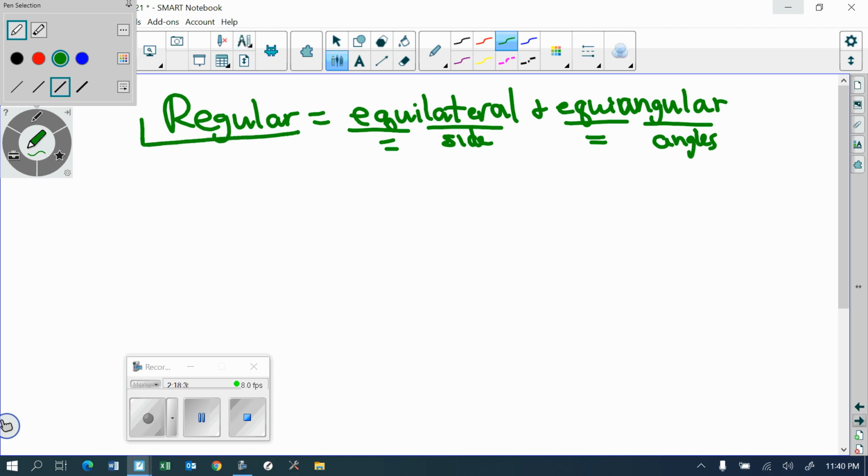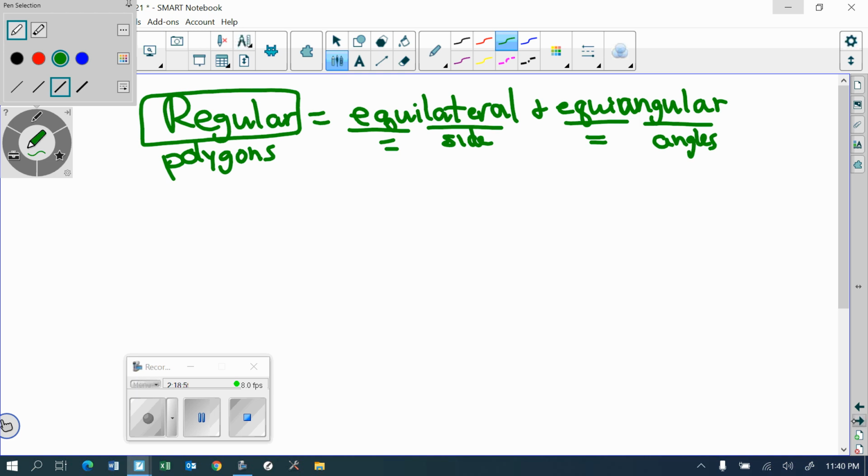So regular, we're talking about regular polygons. It's always dealing with polygons. Whenever we talk about the definition of polygon, only segments that intersect only at their endpoints in a plane. So we have a triangle, quadrilateral, an equilateral triangle, a square would be the quadrilateral one, a pentagon, hexagon, they'd all have to be congruent.